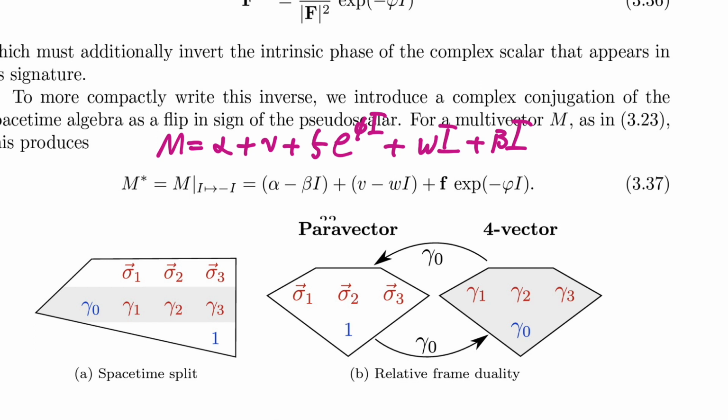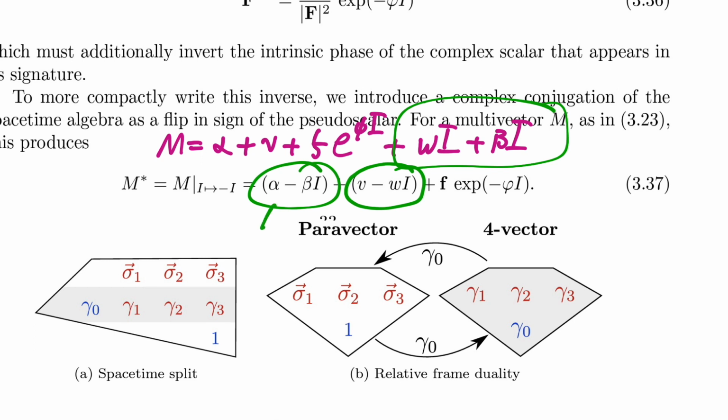And then we flip the sign of these two pieces right here. Those two sign flips are manifest here and here. Notice that they've combined it. So this piece, they're already looking at as though this is the complex scalar, and this is the complex vector.